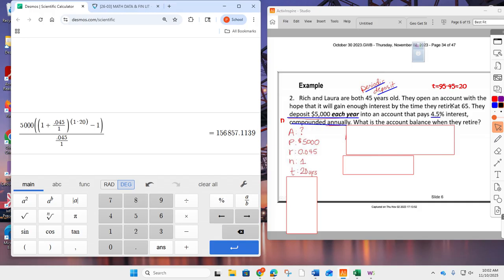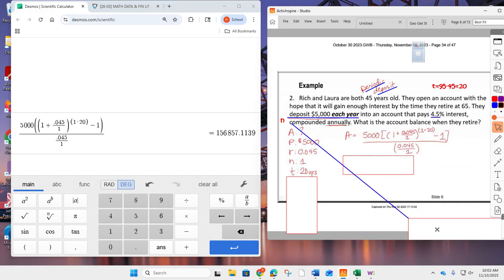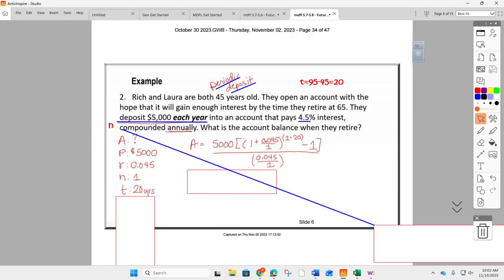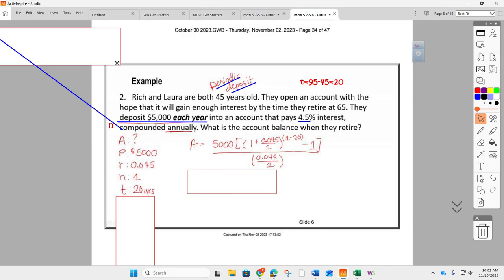So this is what you should have plugged in. This is what we should have gotten. So far, so good? Any questions? All right, we're going to skip this one for now and come back if we have time.